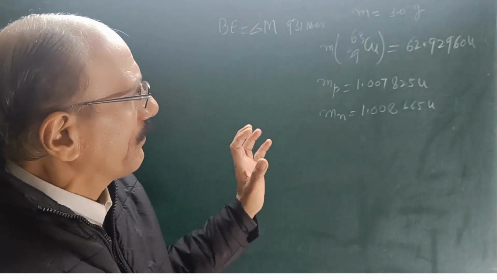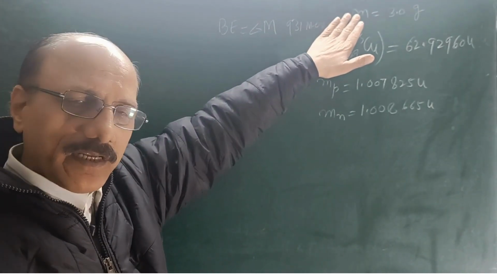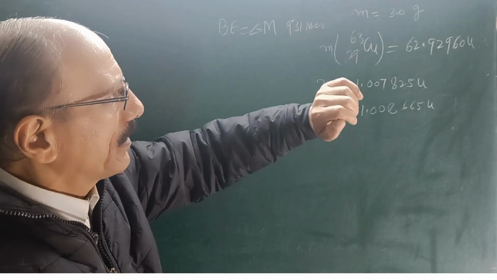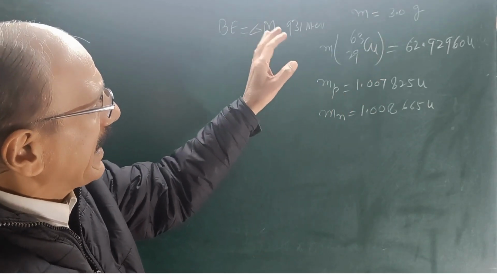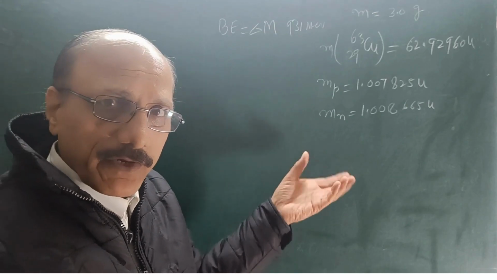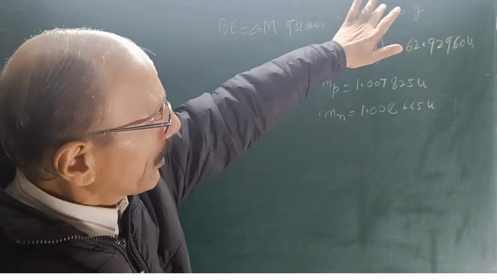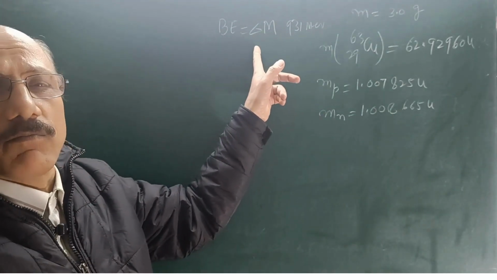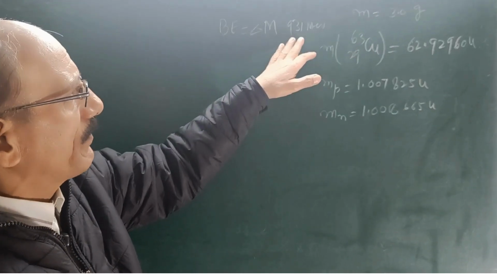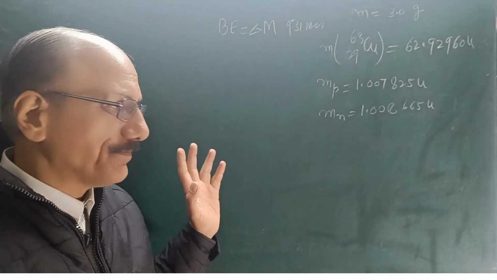So first of all we will find out the number of atoms in this 3 gram of copper, and then we will find the mass defect in one atom multiplied by the total number of atoms, which will be equal to the total mass defect, and then we will multiply by 931 and you will get the exact energy.